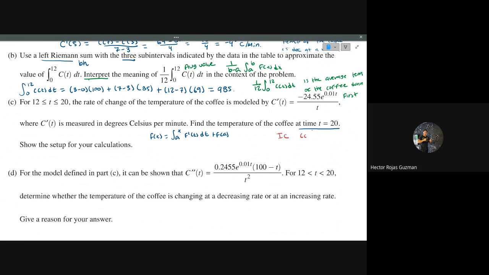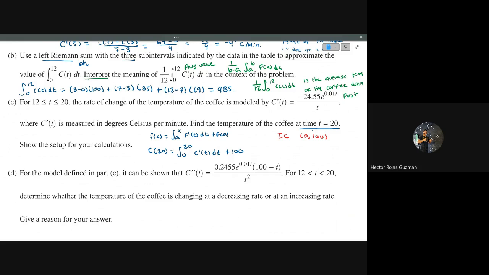The initial temperature is 100 degrees Celsius. It's up on the table; you can scroll up to see it. So the temperature of the coffee at 20 minutes is going to be given by the integral from 0 to 20 of C prime of t dt plus 100 degrees Celsius. Sorry, I'm mistaken. I have to backtrace a little bit.